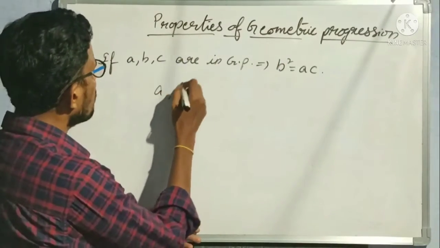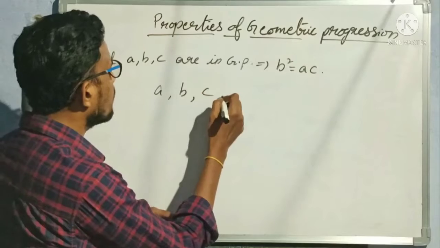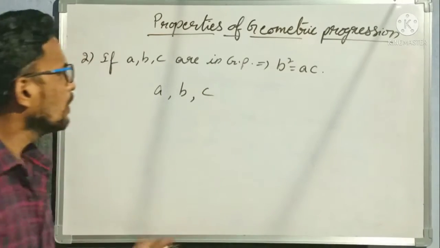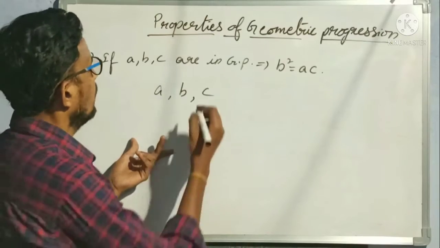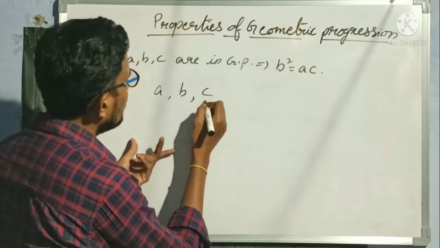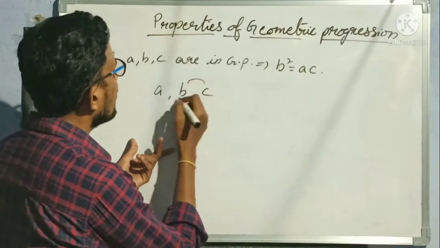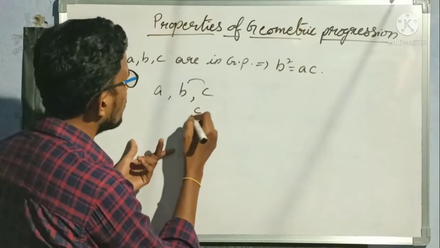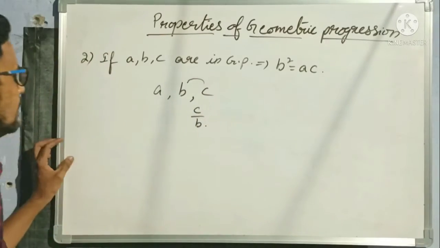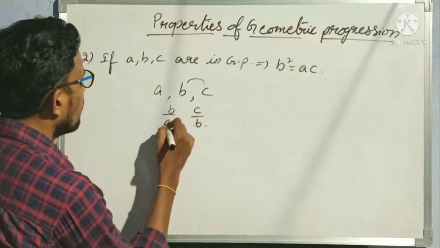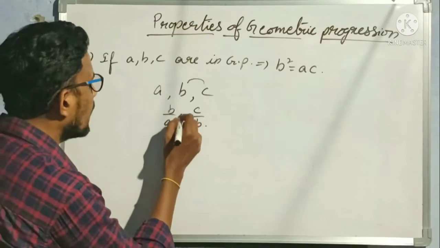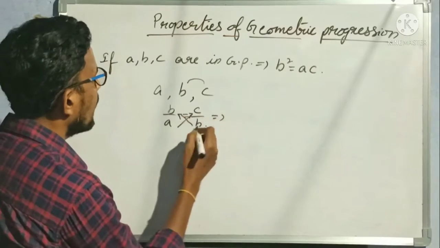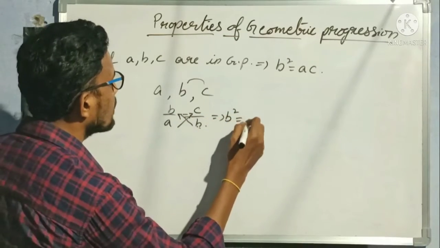So for suppose A, B, C are three terms of the geometric progression. When can we say that these are in geometric progression? When the ratio between two terms, I mean T3 divided by T2, that is C by B, should be equal to B by A. Yes, so if I cross multiply, this implies B into B, B square, is equal to AC.